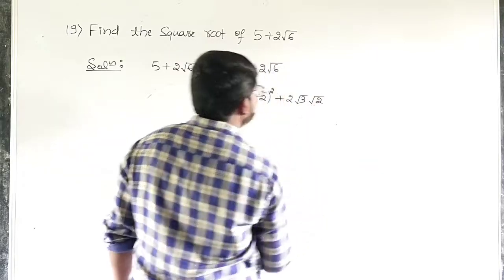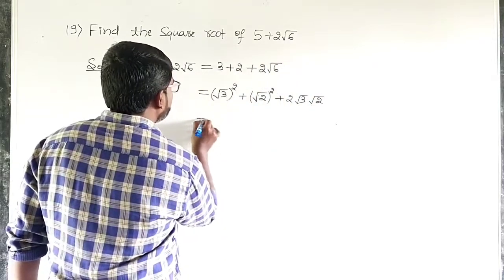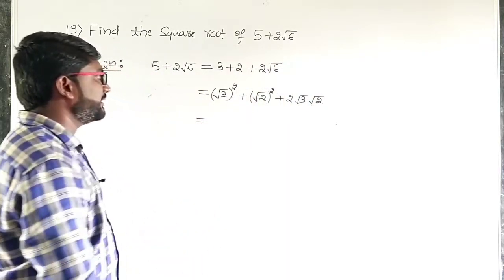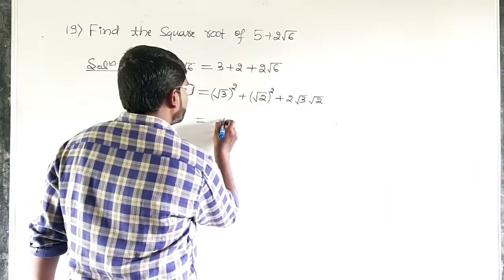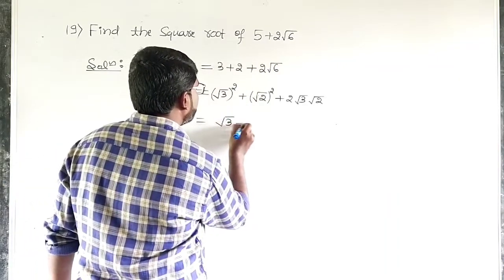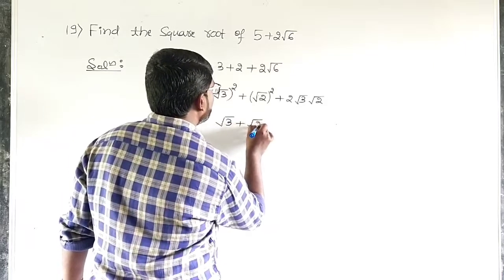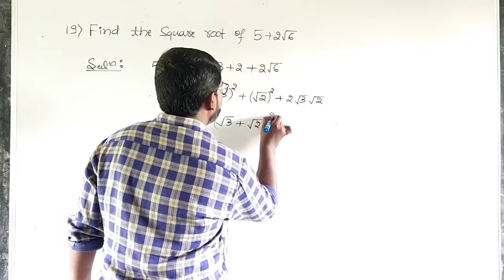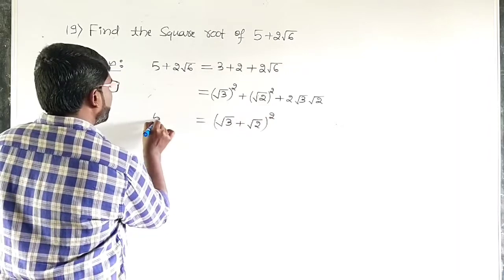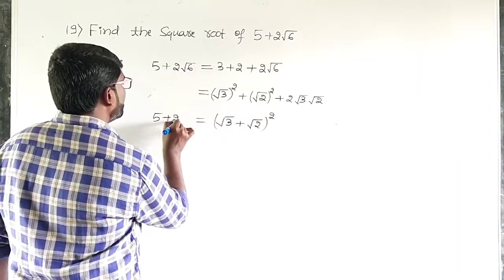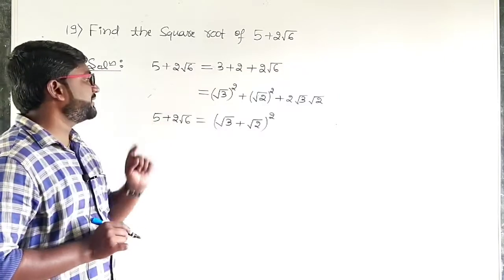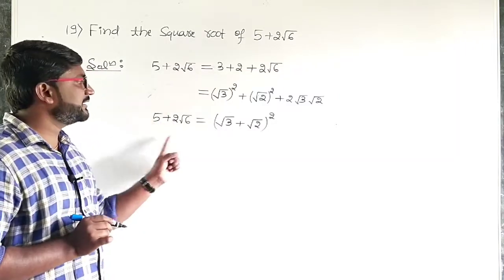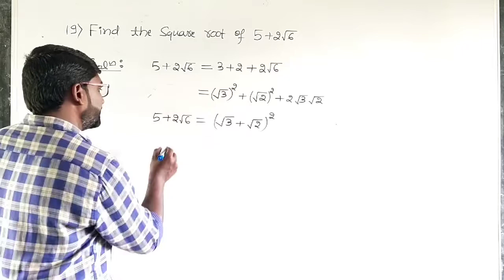So now this is in the form of a square plus b square plus 2ab. So it is a plus b the whole square. Here a is root 3 and b is root 2, the whole square. So this is our 5 plus 2 root 6. Now we want the square root of 5 plus 2 root 6. That means on both sides we have to take the square root.